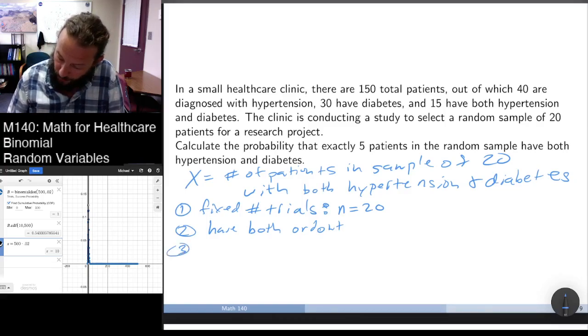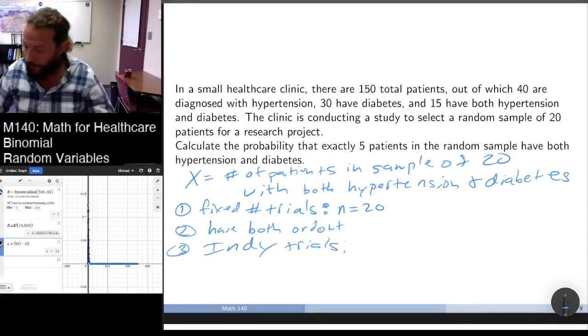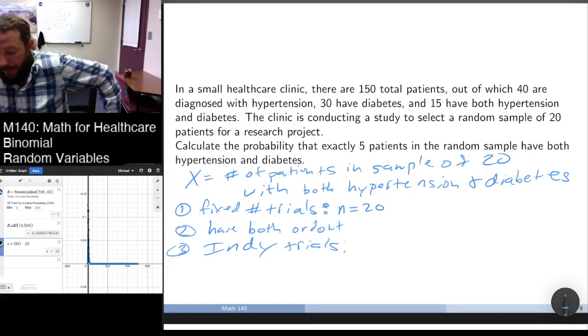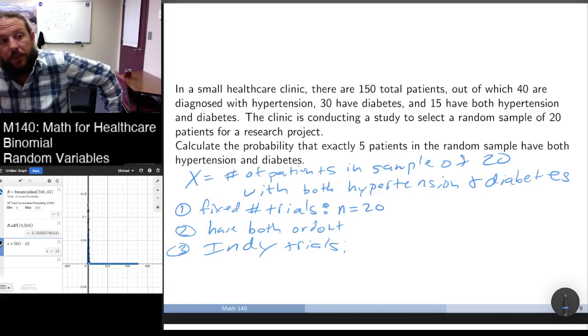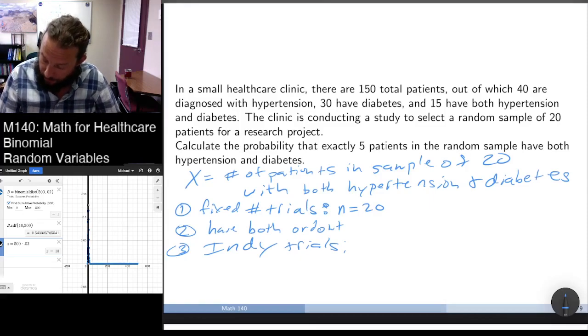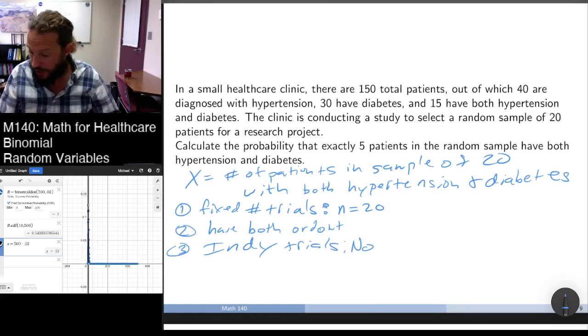Three, independence. Are these independent trials? Here, no, right? The probability is going to change if the first person you select has both diabetes and hypertension.